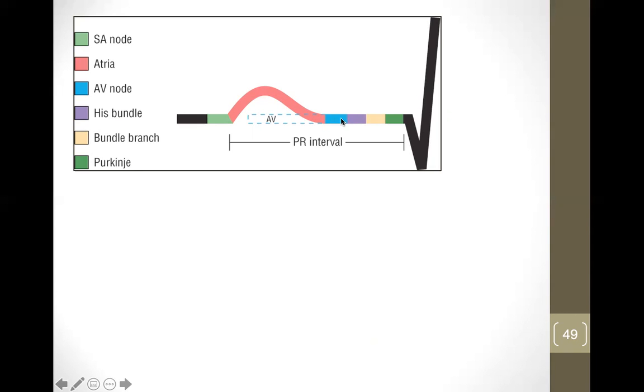Then it goes through the AV node, the bundle of His, the bundle branches, and the Purkinje fibers. This all travels super quick, so it can be a coordinated contraction of the heart. So all of these cells are firing, as well as the contractile cells of the atria.